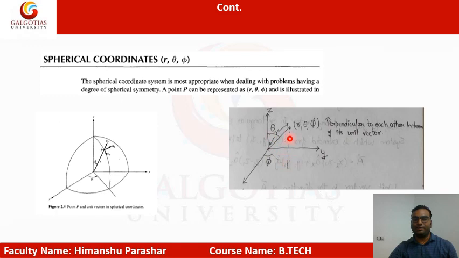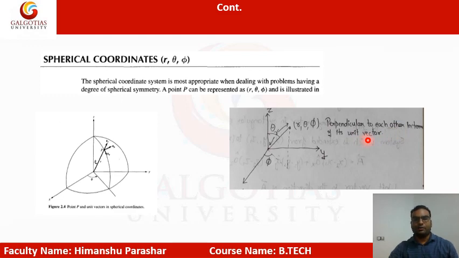And phi is the same: the projection of the point on the xy plane, and this length rho from the origin to this point, the angle made with the x-axis, is phi. They are perpendicular to each other in terms of their unit vectors.